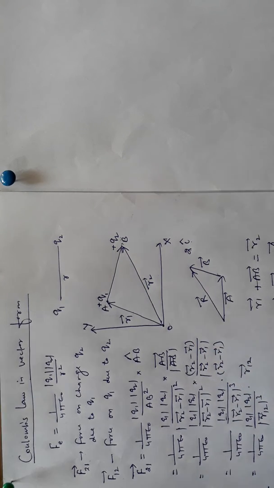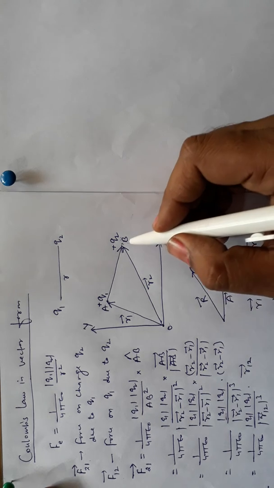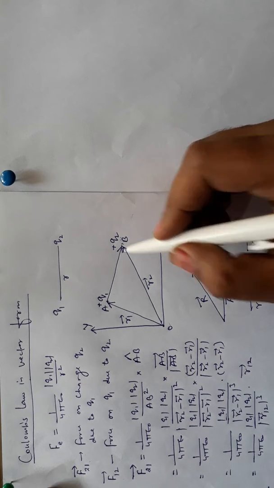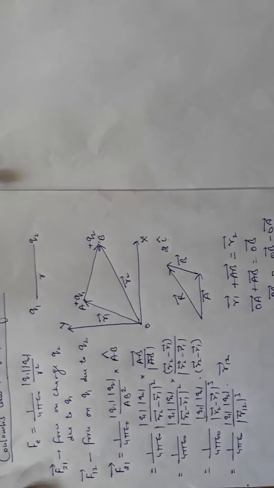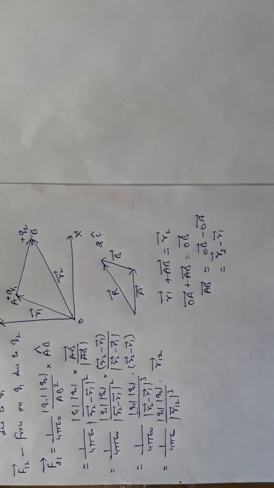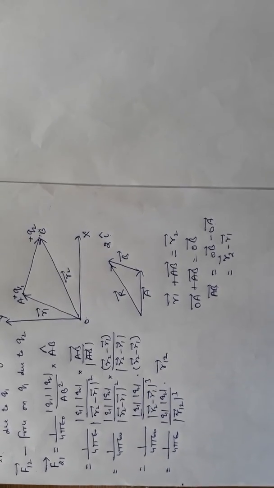So dear friends, this is Coulomb's law in vector form. In this way we can find the magnitude and direction of the force on charge Q2 due to charge Q1. Similarly, now we can find the force on charge Q1 due to charge Q2.